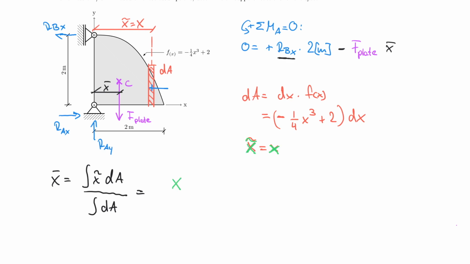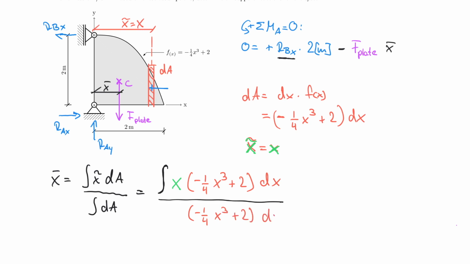So x and then times -1/4 x cubed plus 2 dx. And my entire area is just -1/4 x to the cubed plus 2 dx, and of course also integrated.